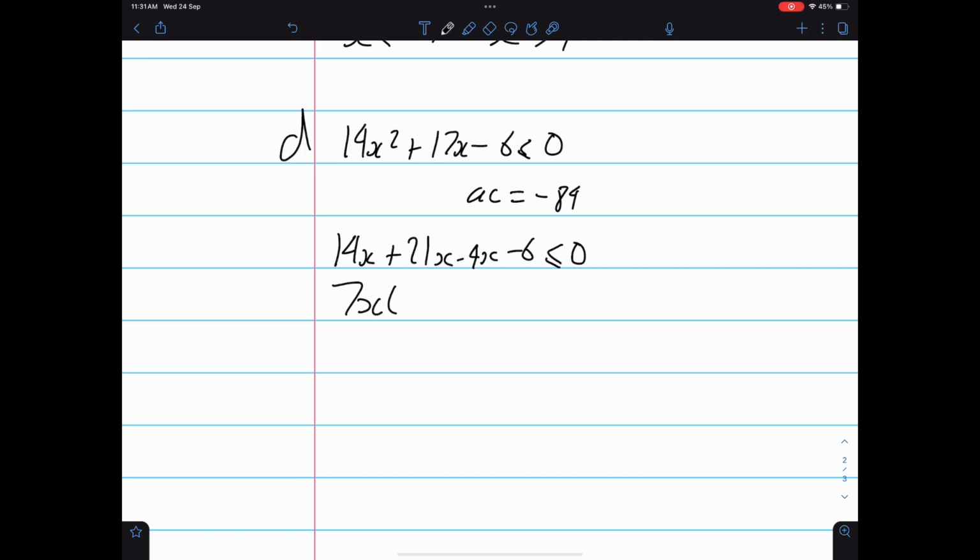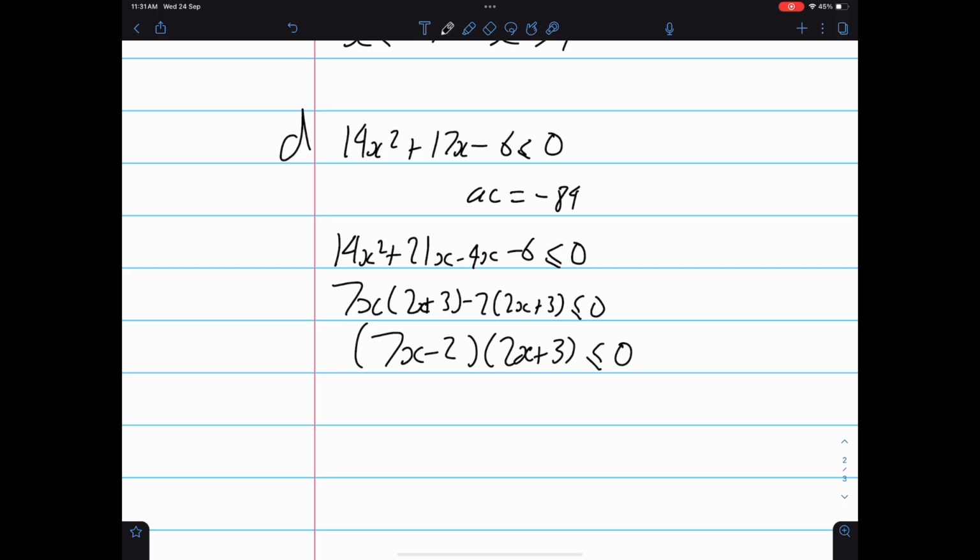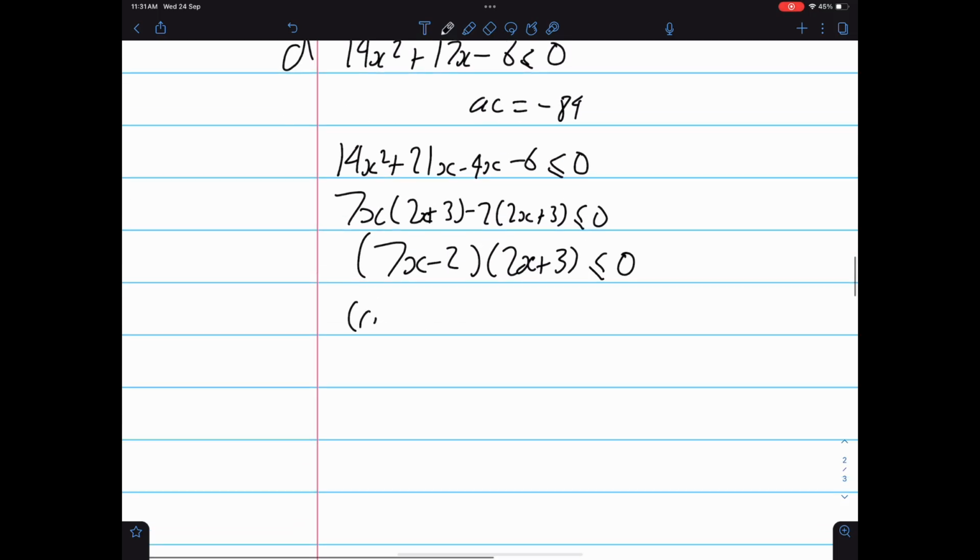And we just have to factor this. So critical points at x equals 2 over 7, x equals minus 3 over 2.